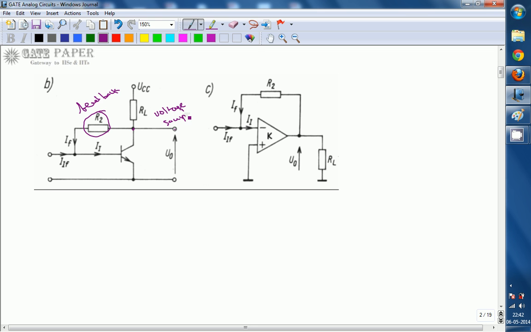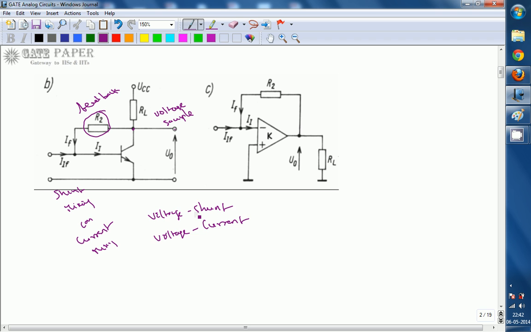Next, at the input side, current is going to get divided, that implies nothing but shunt mixing, or it is also called current mixing. So this is also treated as voltage shunt or voltage current.